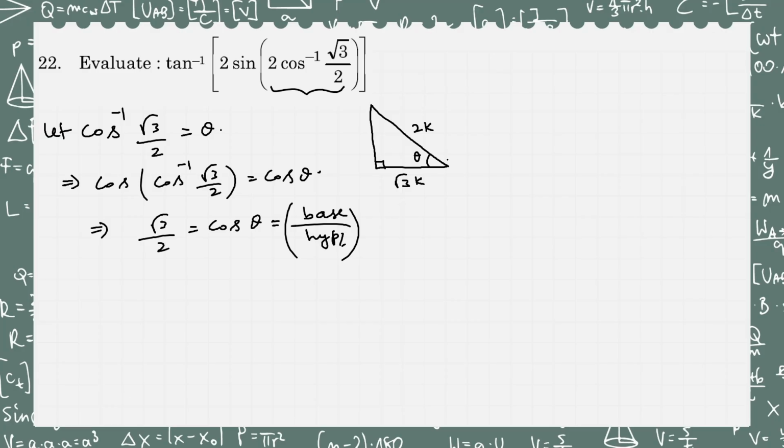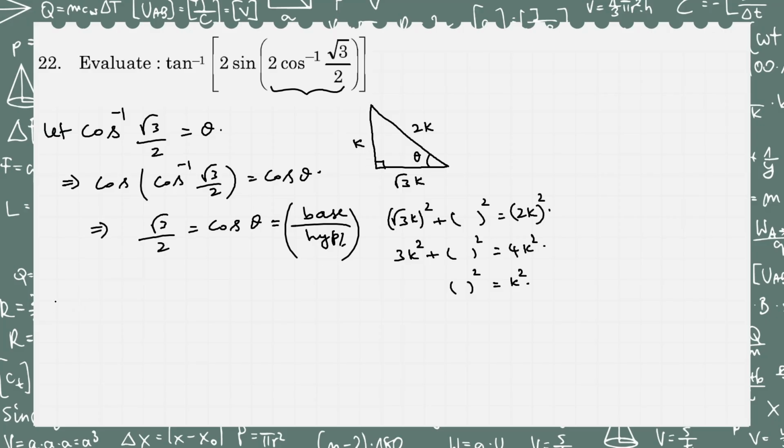Applying the Pythagoras theorem, we get root 3k whole square plus the missing side square equal to 2k whole square. This gives us 3k square plus missing side square equal to 4k square. So the missing side square equals 4k square minus 3k square, which is k square. So the missing side will be just k.